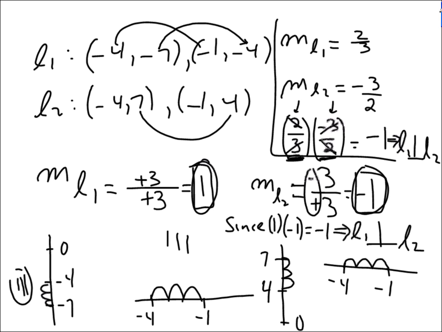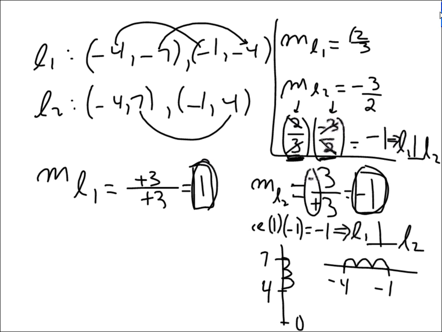If the product of the slopes is negative 1, that implies perpendicular. Now, when is a product negative 1? Well, when is a product 1? If you take any number and multiply it by its reciprocal, you're going to get AB on top and BA on the bottom.